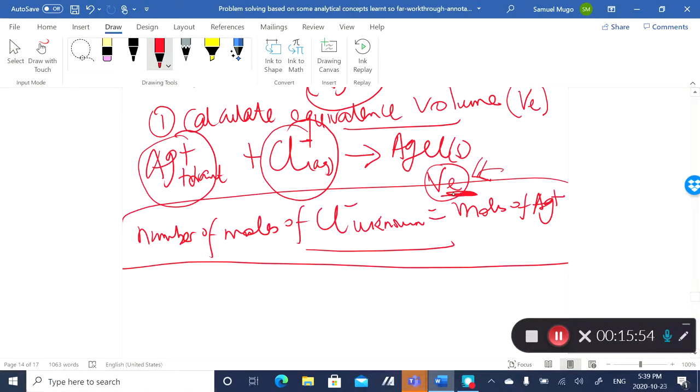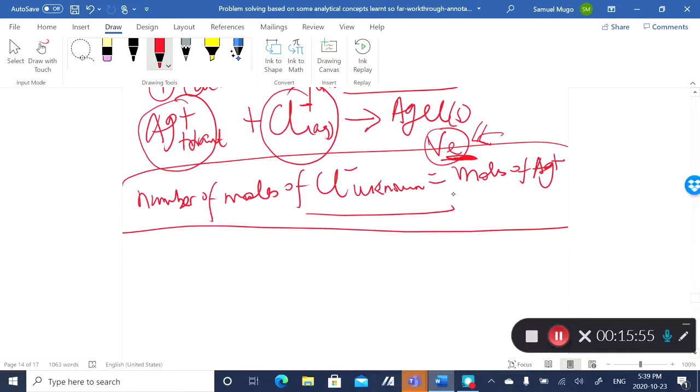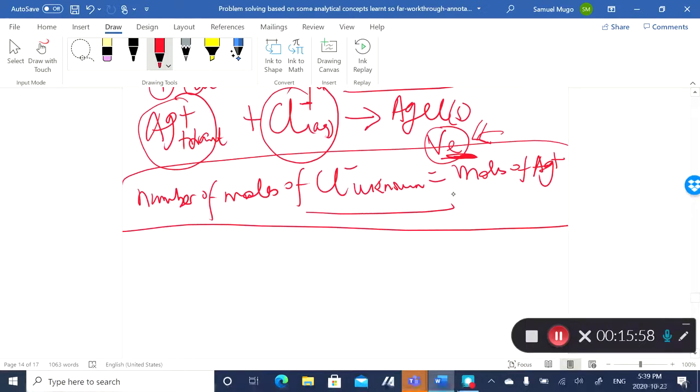The number of moles of the chloride is equal to the number of moles of the titrant. And of course, this is the titrant, and this is the unknown, or what you refer to as the analyte. Okay. So in this case, then you've got the 50 ml.